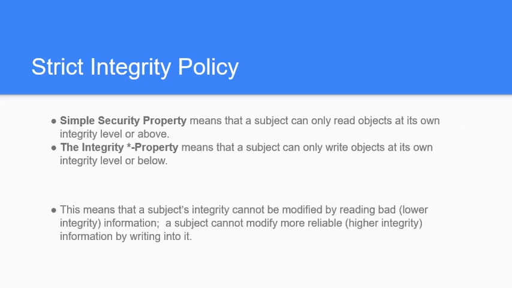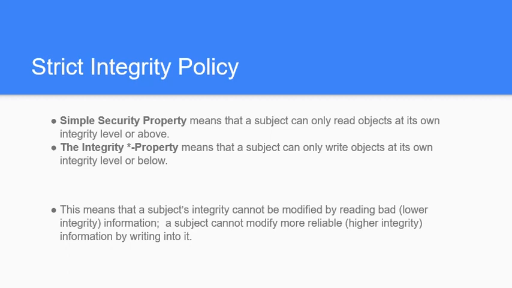Essentially, by the simple integrity property, a subject can only read objects at its own integrity level or those above it. Whereas by the star property, a subject can only write to objects at its own integrity level or those below it.